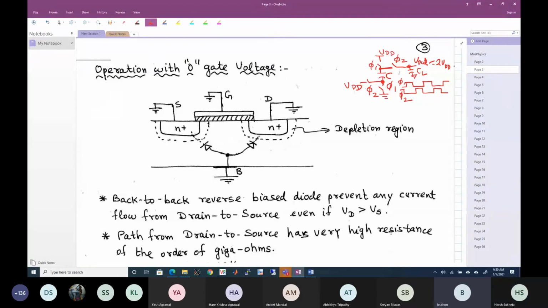Sir, can you again explain the point about the depletion region being thick? Oh, depletion region being thick. Okay, so think of it like this.